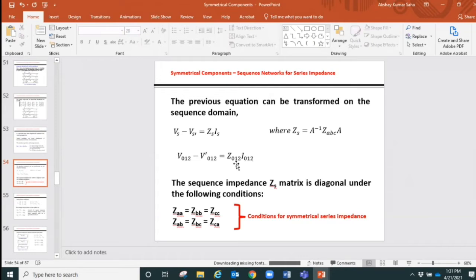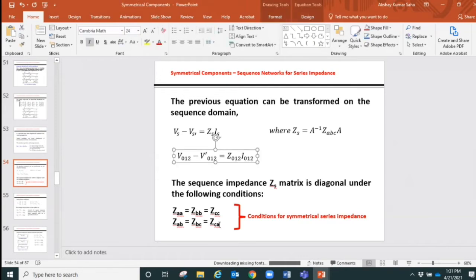So we put them in this format, and if we assume that there is symmetry, meaning ZAA, ZBB, and ZCC are the same, meaning balanced impedances are there, and in between the phases, meaning between A and B, B and C and C and A, they are there, but they are also the same.